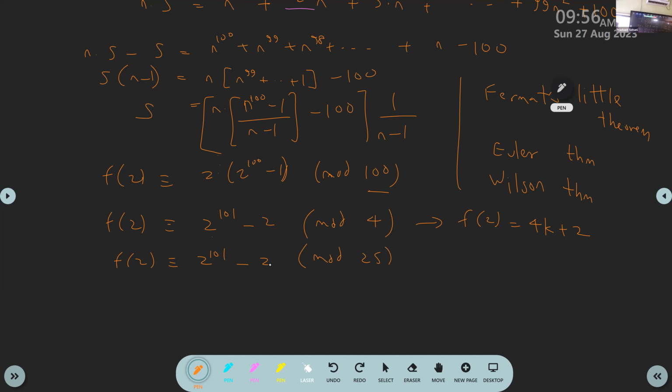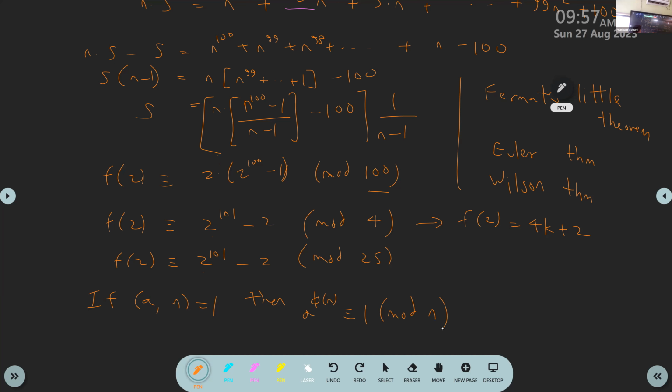And so what is phi of 25? Now that 2 and 25 are co-prime, we can apply Euler's theorem, because what Euler's theorem says is that if two numbers are co-prime, then I can raise the first number to phi of n and I will get the modulus as 1.